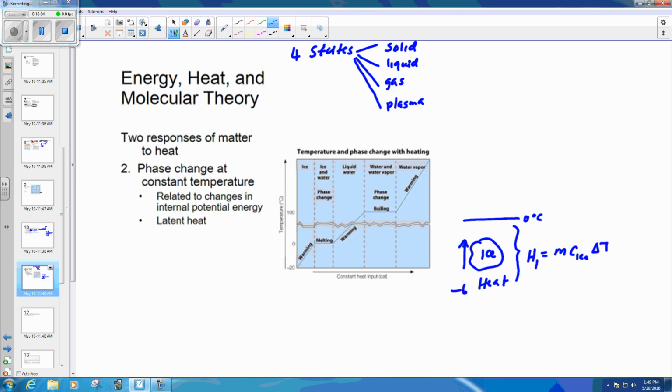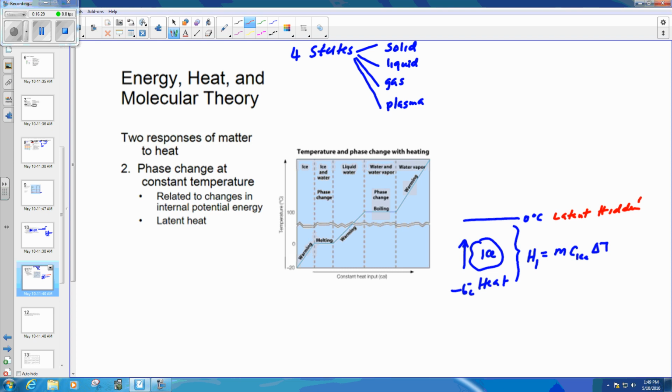Once you reach the plateau of where it starts to melt, there will be no change in temperature. Because there is no change in temperature, this is referred to as latent heat. Latent implies hidden. So we say there will be hidden heat.